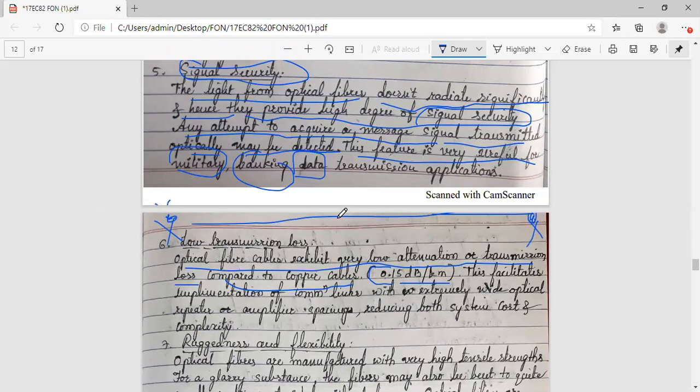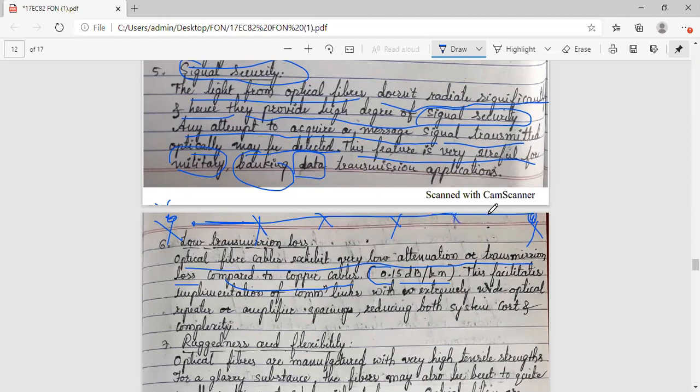If you use conventional coaxial cables or any copper conductors, then after some distance you need to use repeaters and amplifiers, because due to attenuation and other losses the signal strength and quality degrade. To boost the signal, we go for repeaters and amplifiers at particular distances.